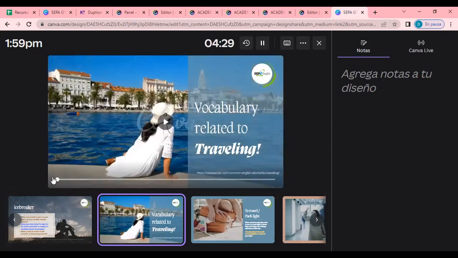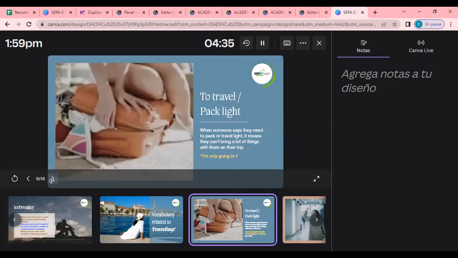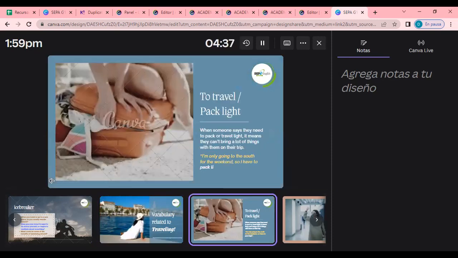Vocabulary related to traveling. Let's see the vocabulary. To travel or pack light. When someone says they need to pack or travel light, it means they can't bring a lot of things with them on their trip. I'm only going to the south for the weekend, so I have to pack light.